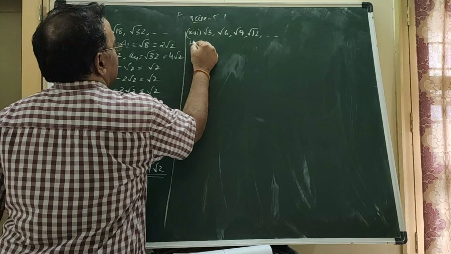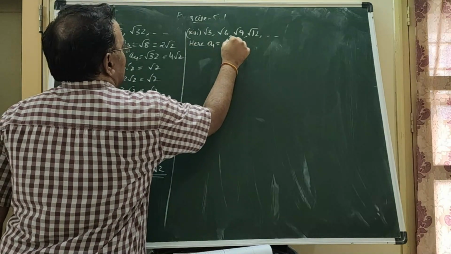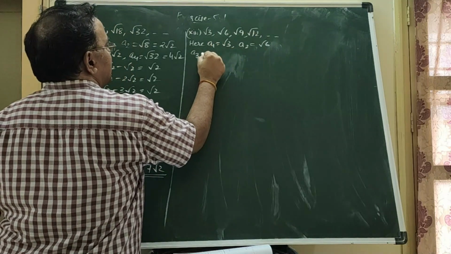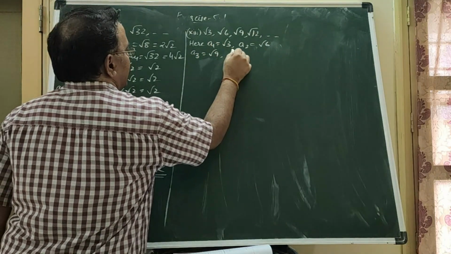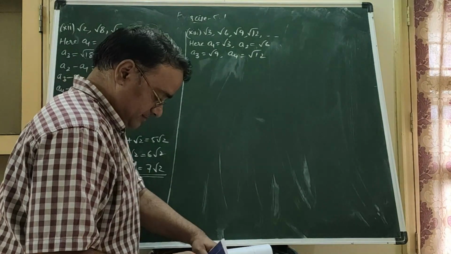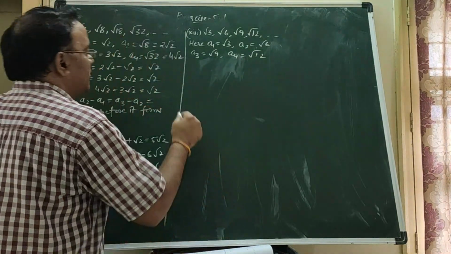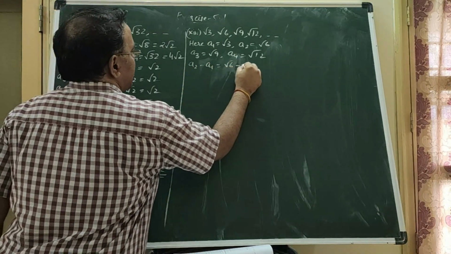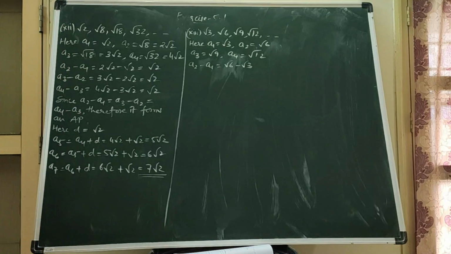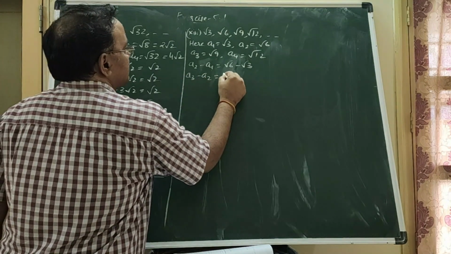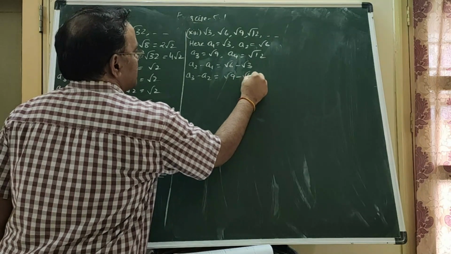So here A1 is root 3, A2 is root 6, and A3 is root 9, and A4 is root 12. Okay, now A2 minus A1, that is root 6 minus root 3. Okay, and A3 minus A2, root 9 minus root 6.